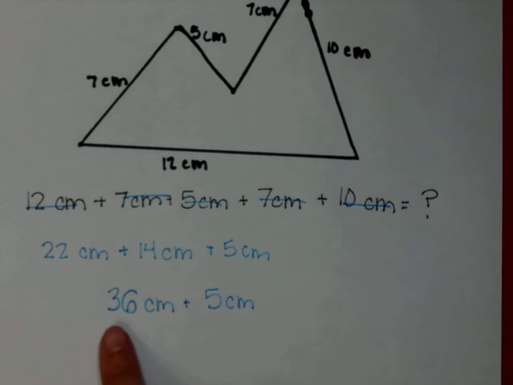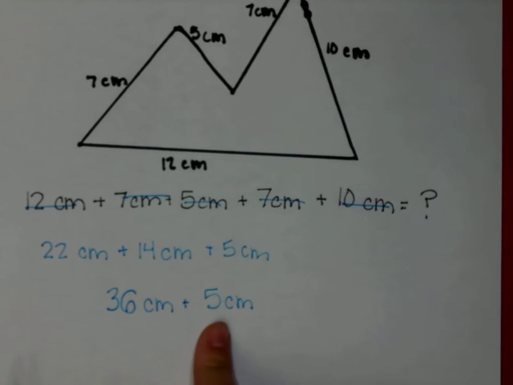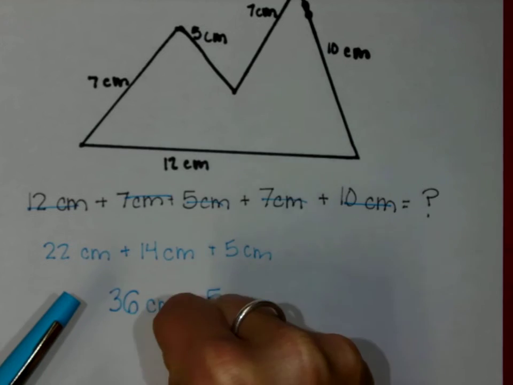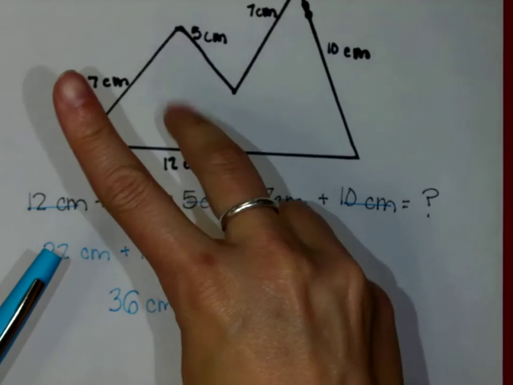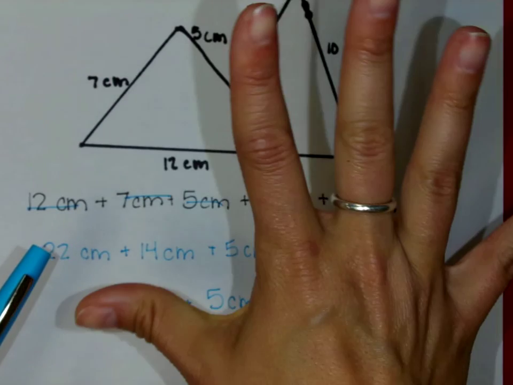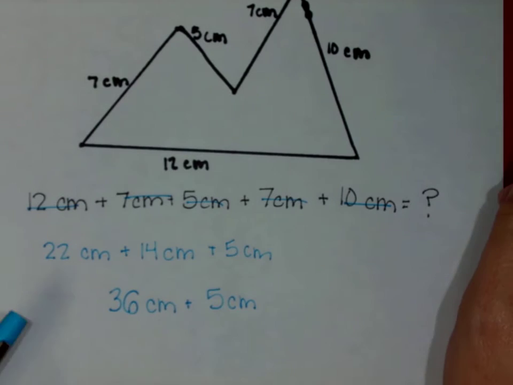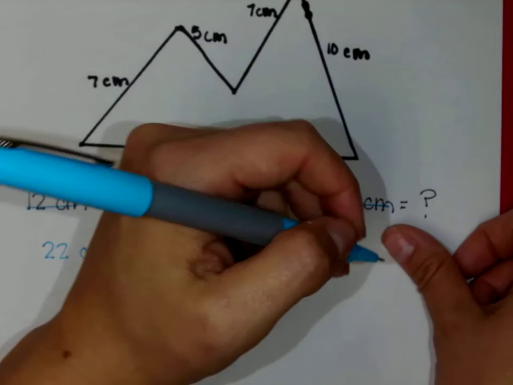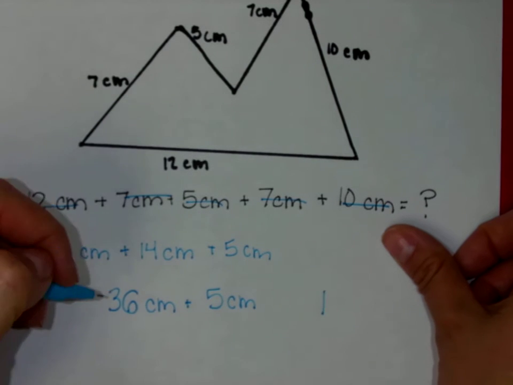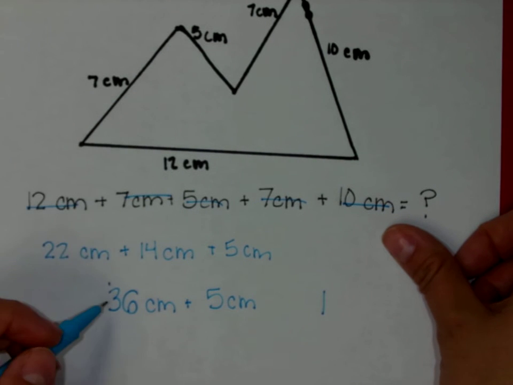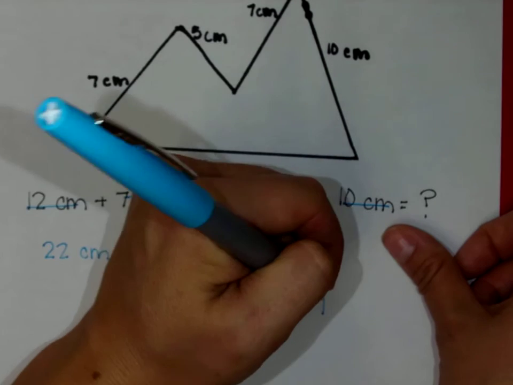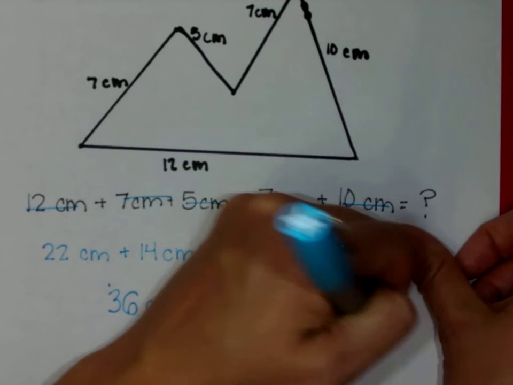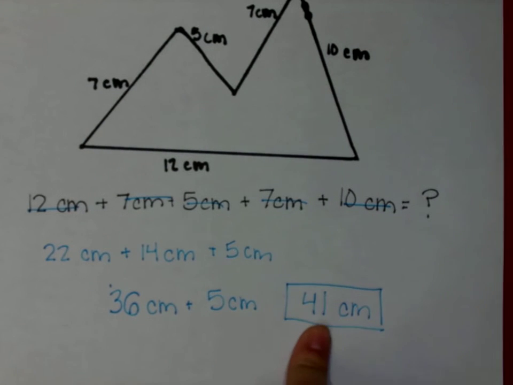So to add these two up for my last step, I could either count by ones, so I have 36, 37, 38, 39, 40, 41, or I can just use what I know. 6 plus 5 is 11. I have to carry my 10 over. 3 plus 1, well, that's 4. So I know my final answer is 41 centimeters.